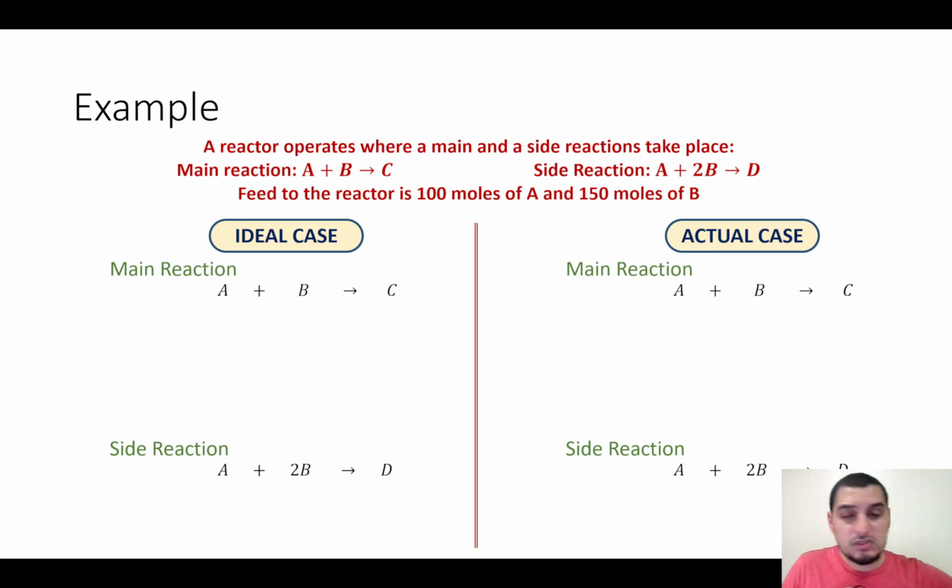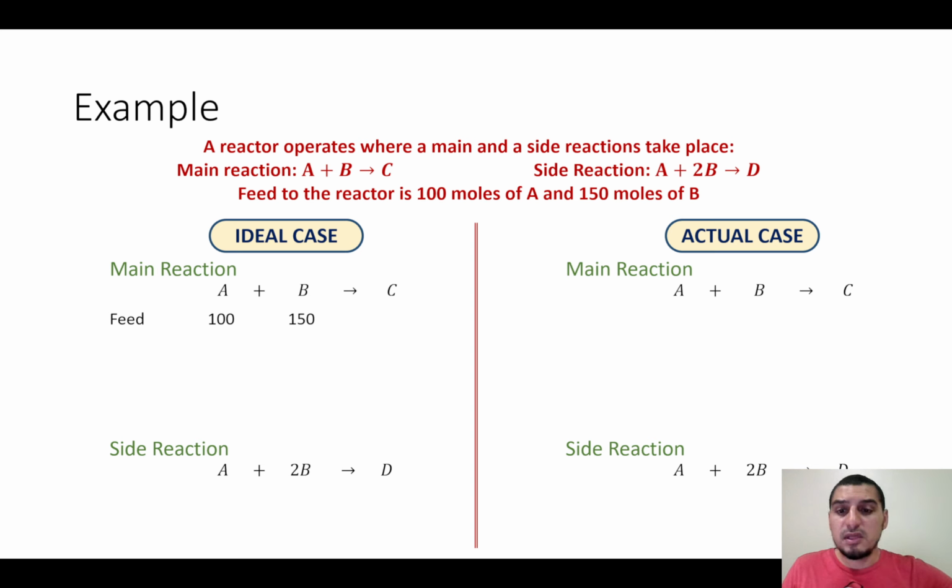the most optimistic case, what we hope will happen with 100% efficiency. So in the ideal case, the 100 moles and 150 moles of A and B are fed to the reaction. The limiting reactant is A. It's very clear.